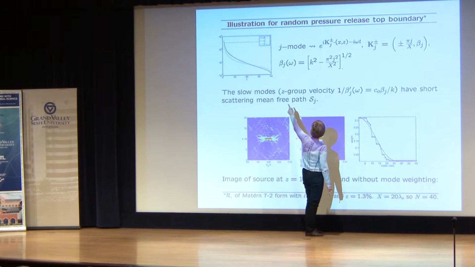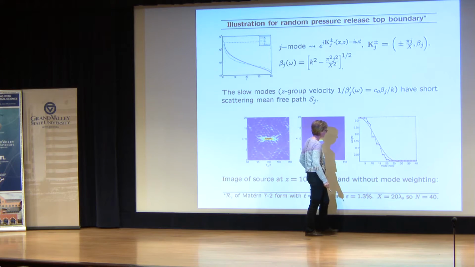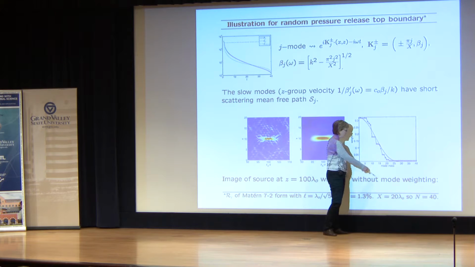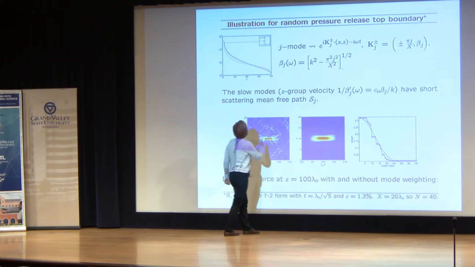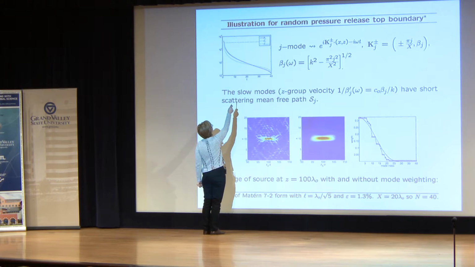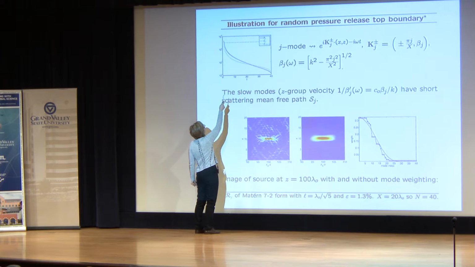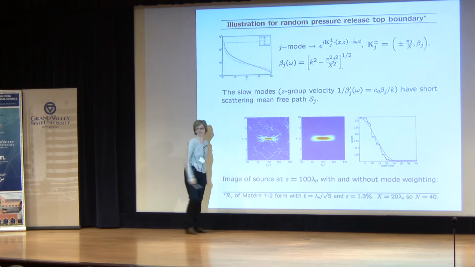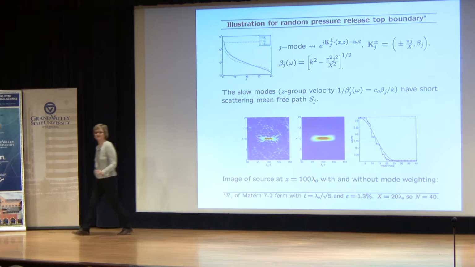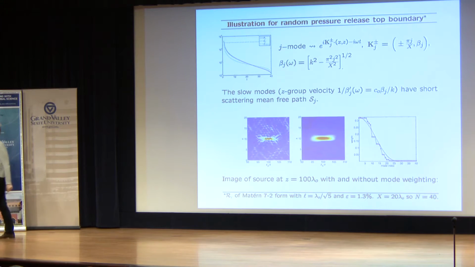Moreover, it agrees with what the picture says: if you image the source at 100 wavelengths, use only the first 20 modes, since the scattering mean-free path of the first 20 modes is larger than the distance, which is 100 wavelengths. So that's basically what this picture says.